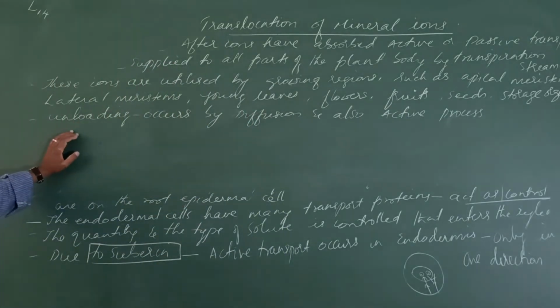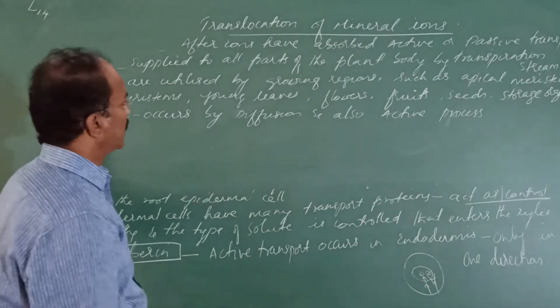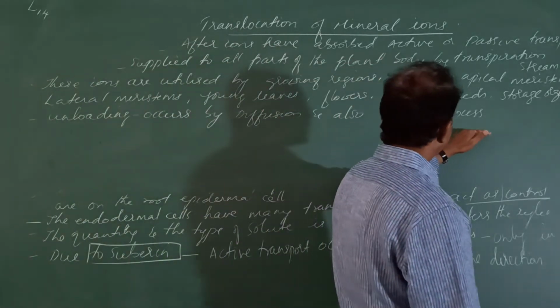Because in the transpiration stream, in the xylem, the nutrients and ions are more, and within the cell the ions will be less. So by simple diffusion, they may diffuse. Even if some of the ions are more within the cell and in the xylem the ions are less, then active transport occurs by using energy. That process is called unloading.